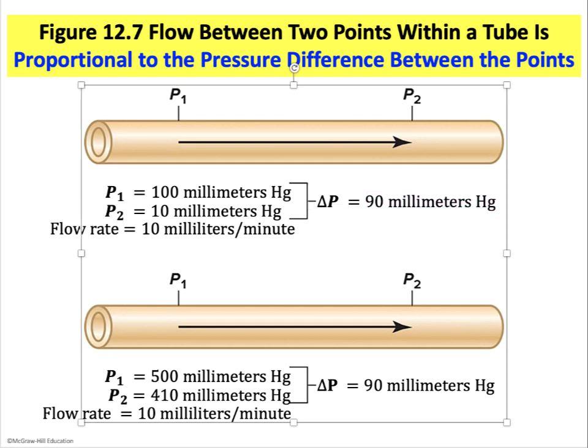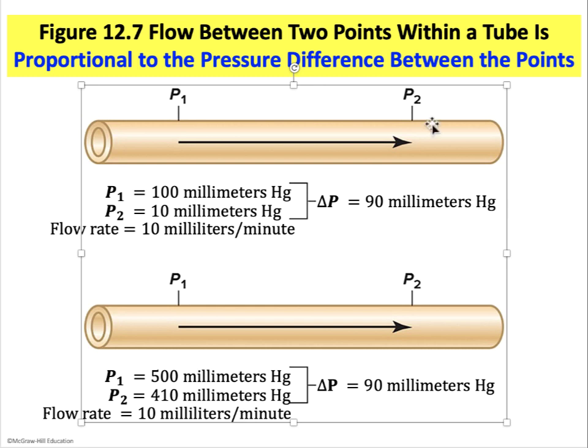If the pressures are adjusted inside the same tubes to 500 millimeters of mercury at P1 and 410 millimeters of mercury at P2, the relative difference, the delta, is still 90 millimeters of mercury. And in this case, even though the pressures are much higher, the flow rate between the two points will still be 10 milliliters of fluid per minute.